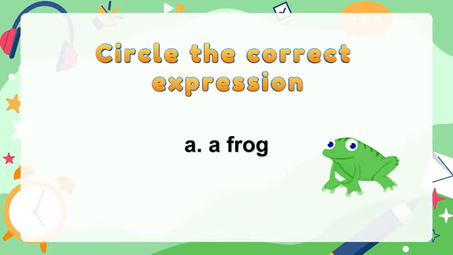A, a frog. B, an frog. Frog begins with F, a consonant, so you circle A frog.